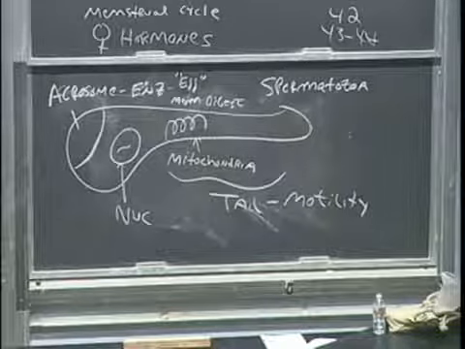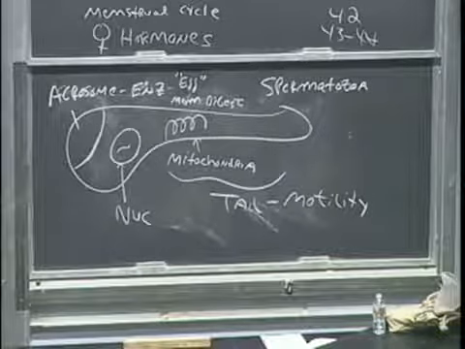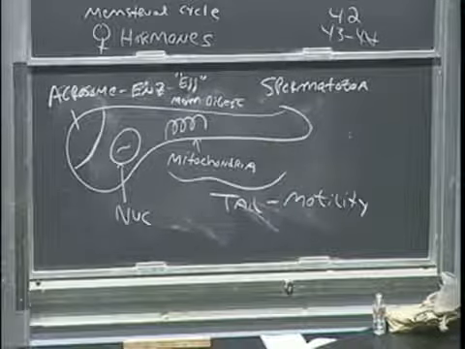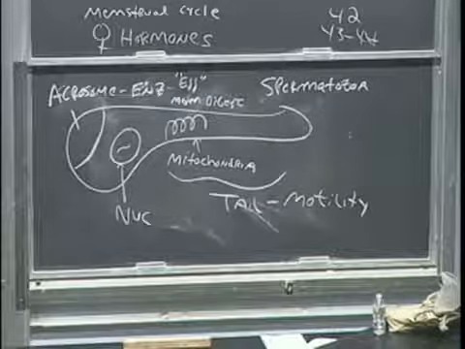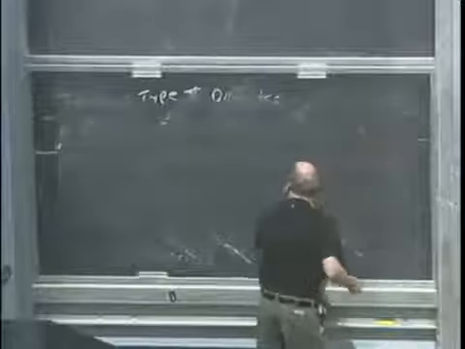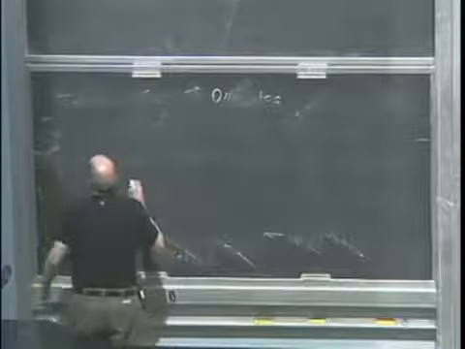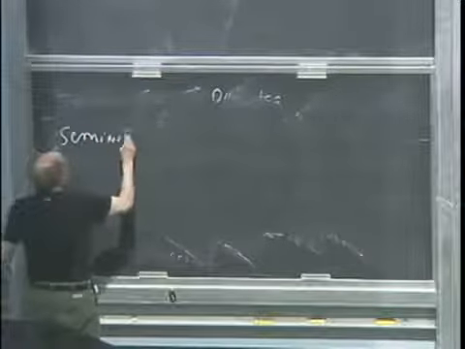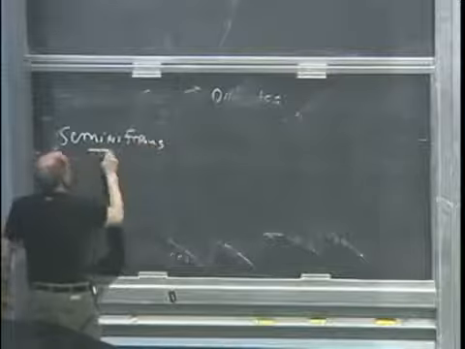Okay. Now, to get to a spermatozoa that actually works, there's a maturation process. And we'll briefly talk about that before we talk about the male hormones. So you start out in the seminiferous tubules.